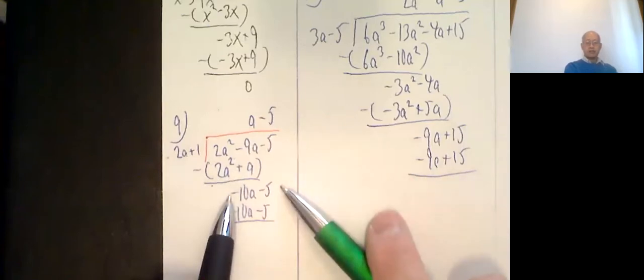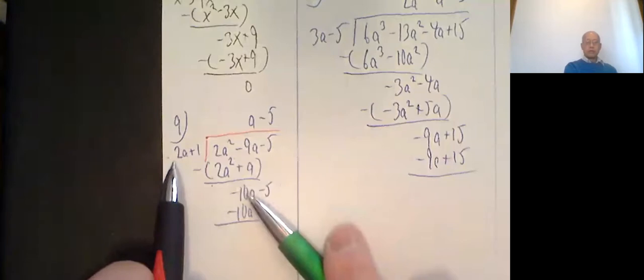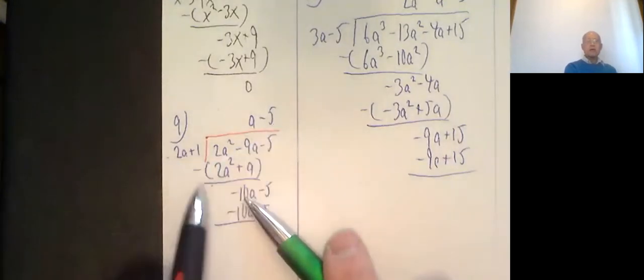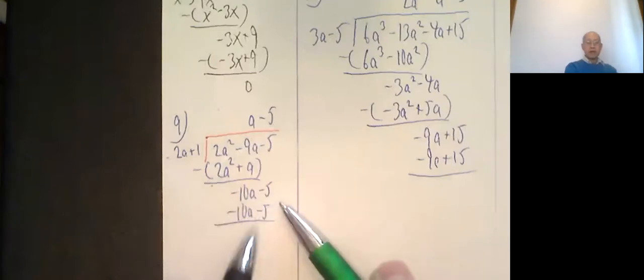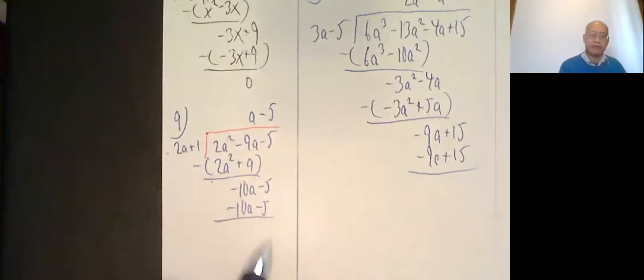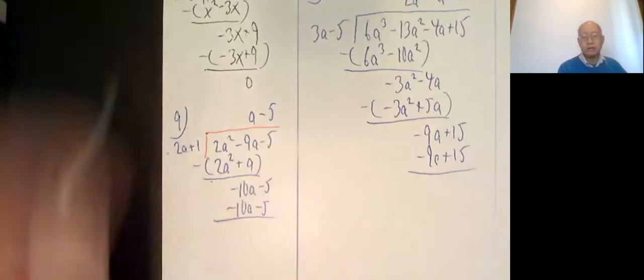Bring down the negative 5. Start over. How do you go from 2a to negative 10a? Multiply by negative 5. That gives me negative 10a minus 5. There's no remainder. So if there's no remainder, you don't have to write it, just like in long division, right? When you found there was no remainder, you didn't have to put anything. A minus 5. So far there hasn't been any remainder.